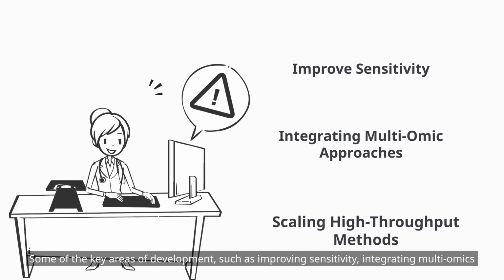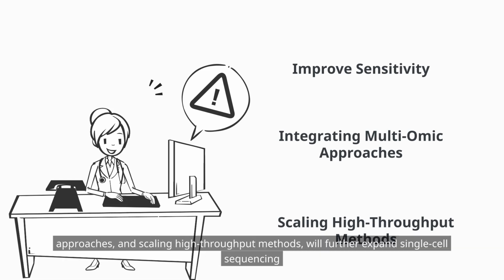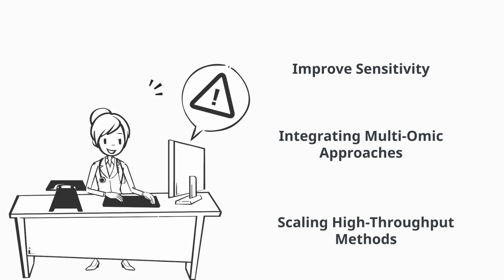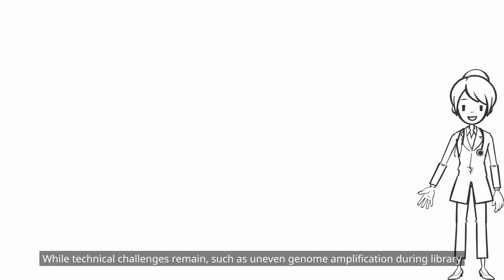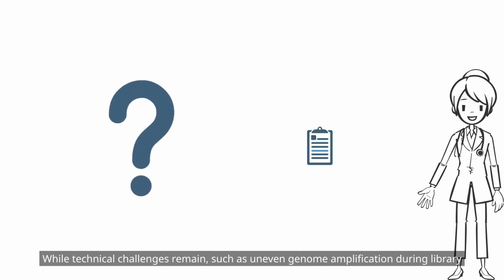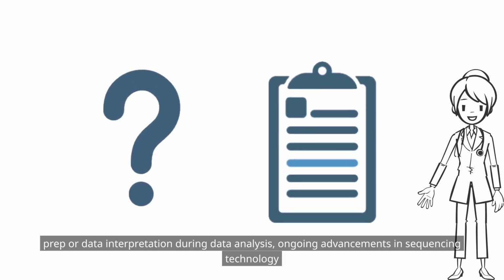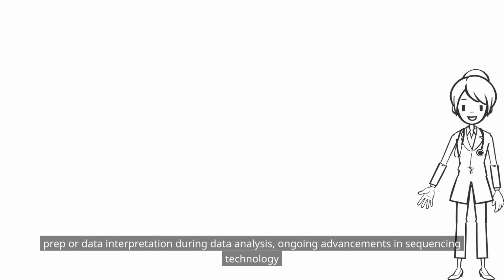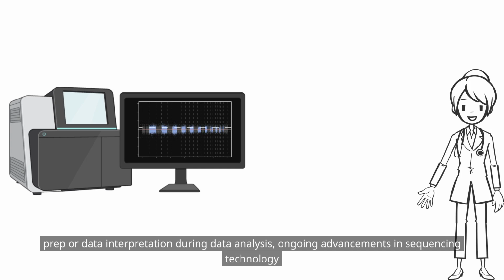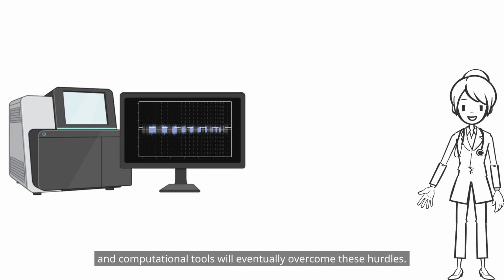Some of the key areas of development, such as improving sensitivity, integrating multi-omics approaches, and scaling high-throughput methods, will further expand single-cell sequencing capabilities. While technical challenges remain, such as uneven genome amplification during library prep or data interpretation during data analysis, ongoing advancements in sequencing technology and computational tools will eventually overcome these hurdles.